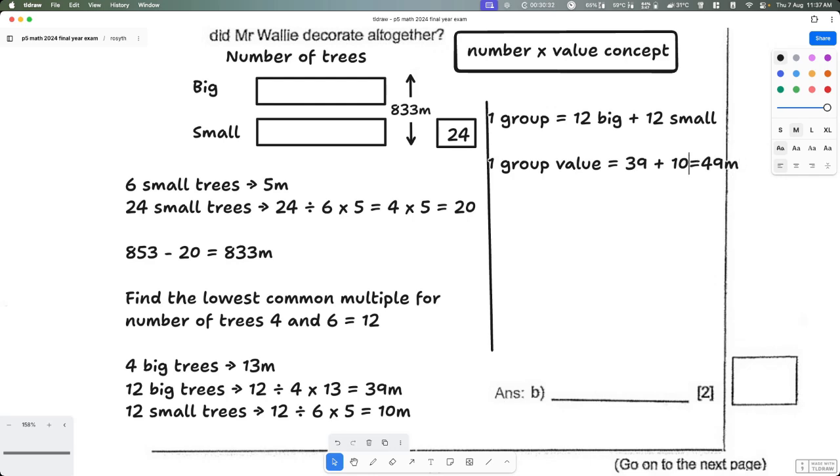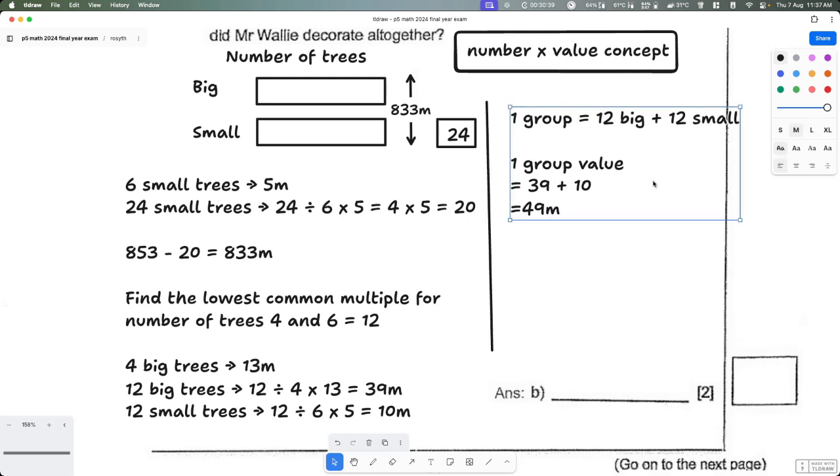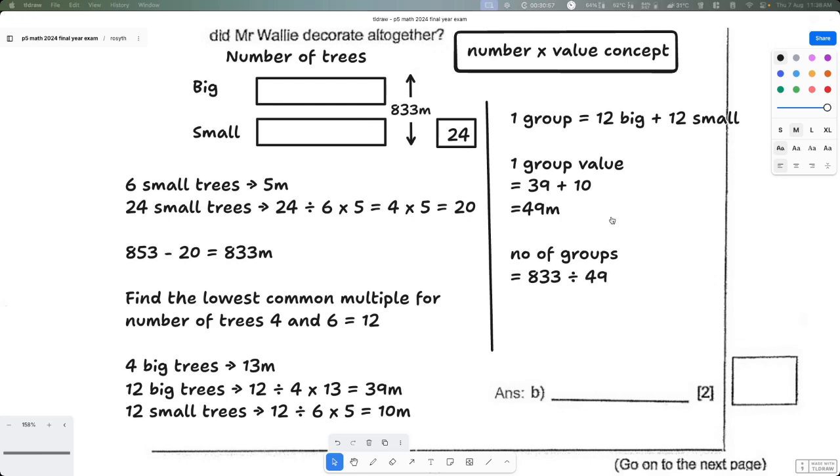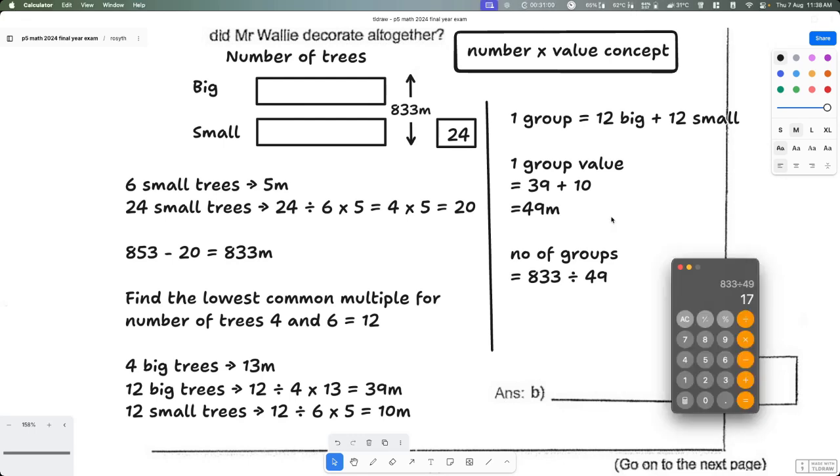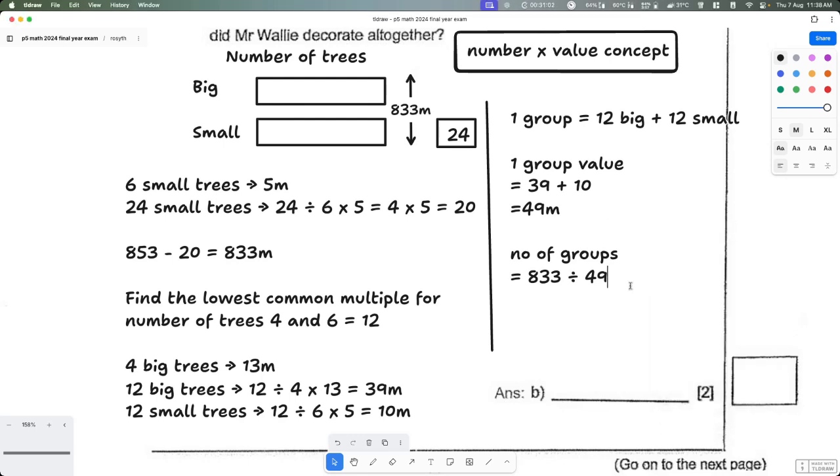Then the number of groups is 833 divided by 49, not 933. Already calculated, 833 divided by 49 is 17 groups.